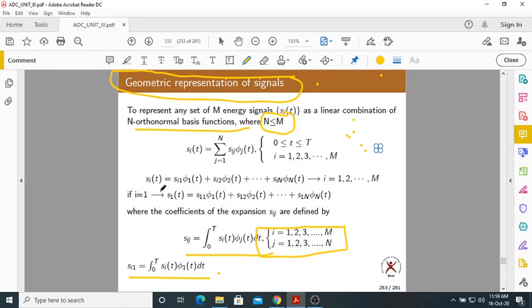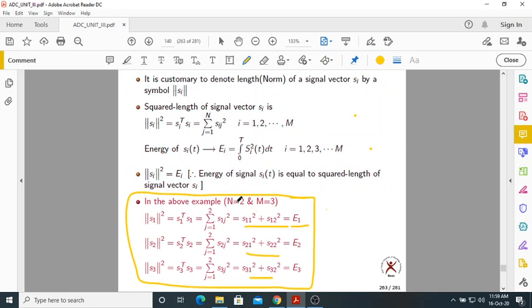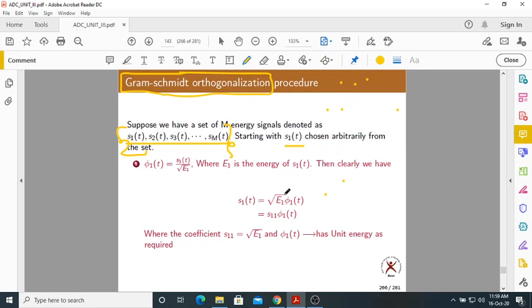Here, taking only this part, S1 of t equals S11 phi 1 of t. Correct? And here we have S1 of t equals root E1 phi 1 of t. So S1 of t equals S11 phi 1 of t. If we compare these two, S11 has to be equal to root E1, and phi 1 of t will have unit energy as required. This is the first step.